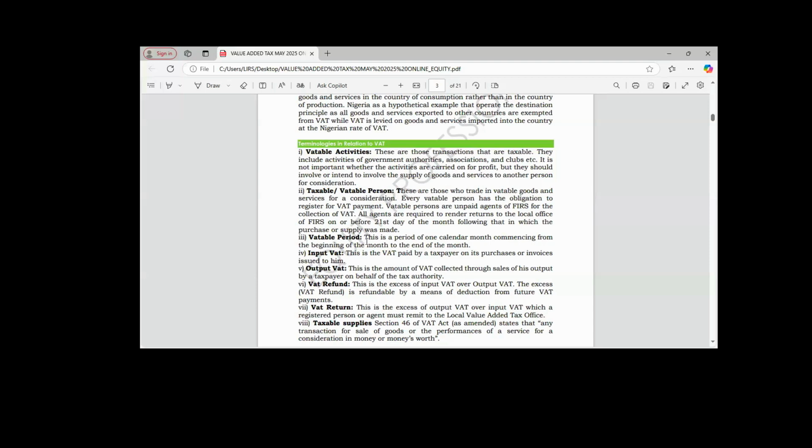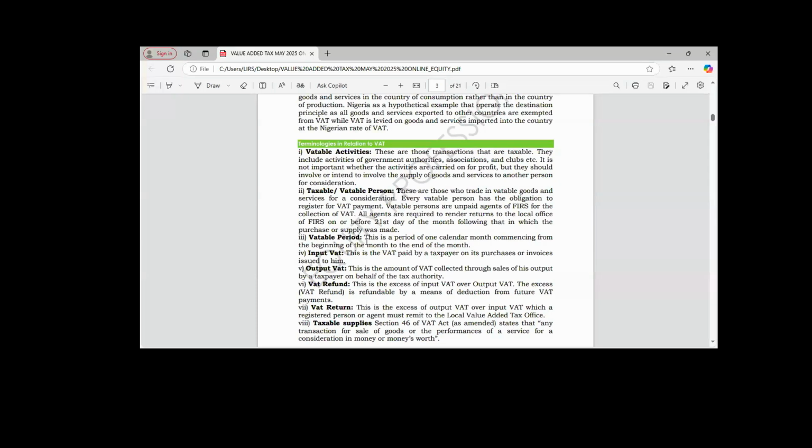Then we also have the third one, which is a VATable period. A VATable period is a period of 1 calendar month, which commences from the beginning of a month to the end of the month. That means for VAT purpose, you are expected to account for VAT on a monthly basis. Take note of that.